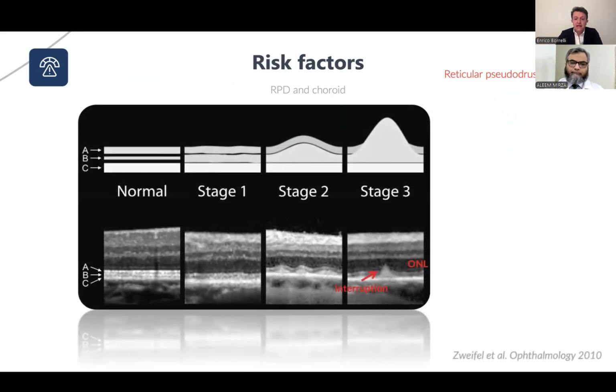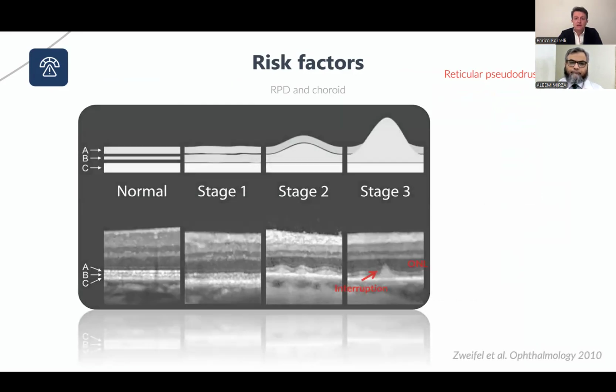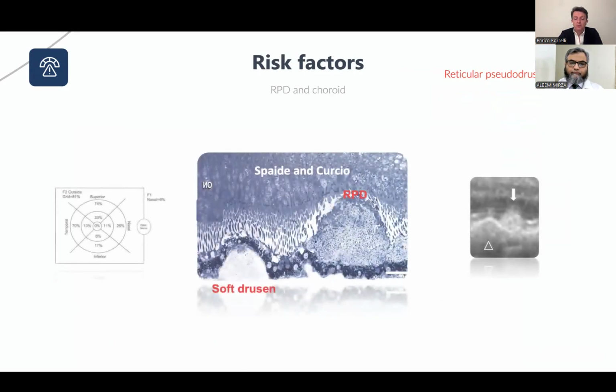There are different stages of reticular pseudodrusen, and they are completely different as compared with drusen in terms of location. Reticular pseudodrusen are located above the RPE and are mainly located in the perifovea, and also in terms of composition.